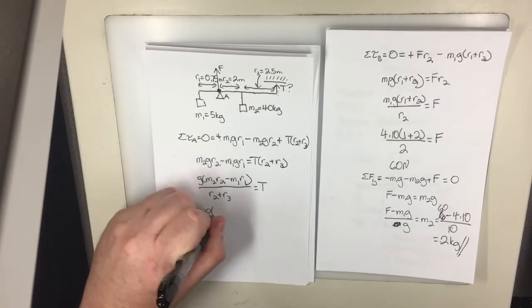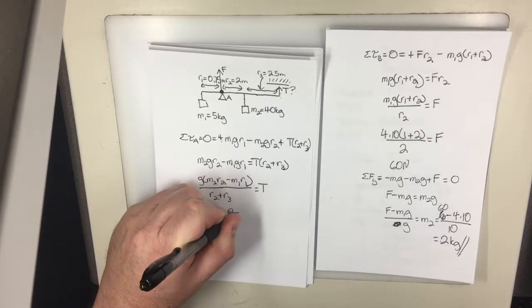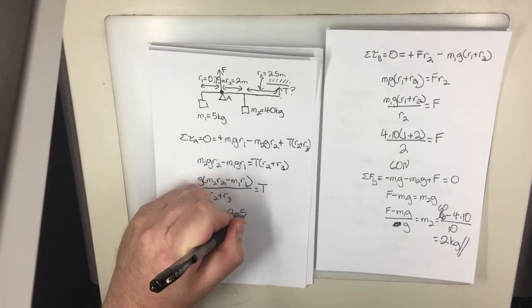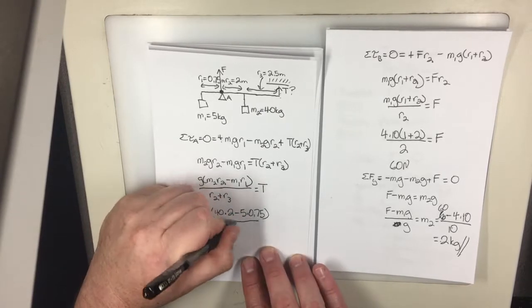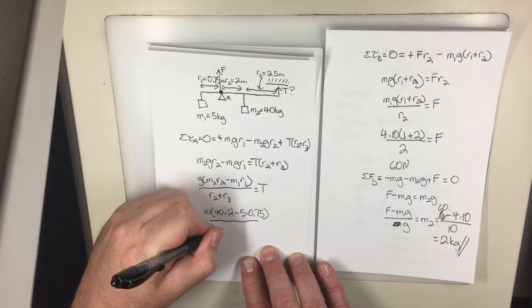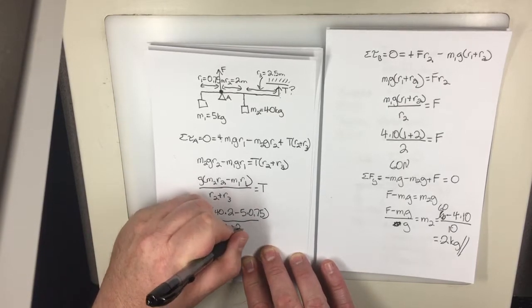So 10, 42 minus M1 times 5, 0.75 over 2.5.